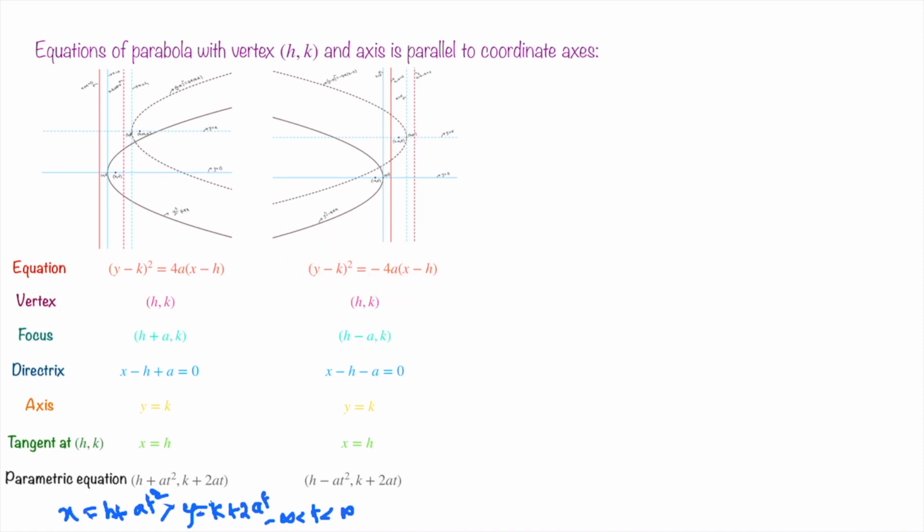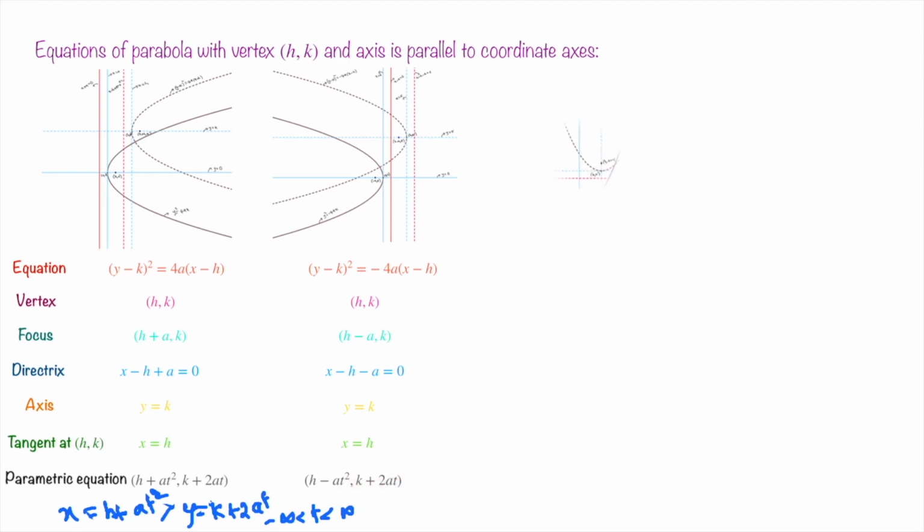The vertex is (h, k) and the focus is (h minus a, k). The directrix is x minus h minus a equal to 0 and the axis is the horizontal line y equal to k. The tangent at (h, k) is x equal to h, and the parametric equation of this dotted parabola is x equal to h minus a t square, y equal to k plus 2at.